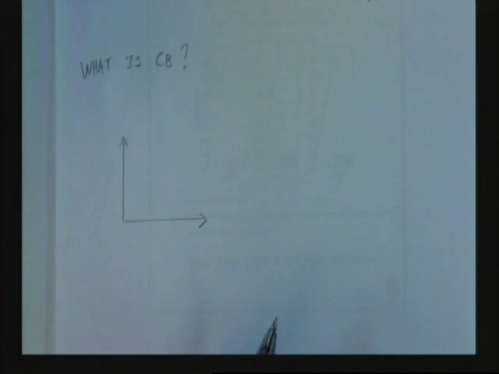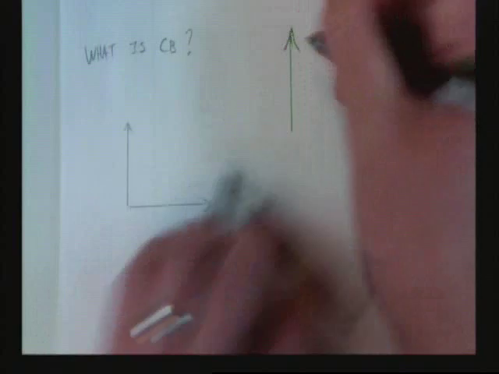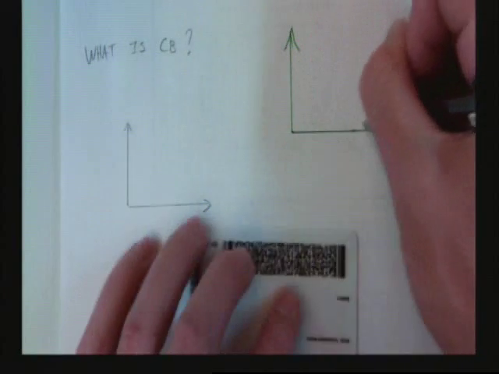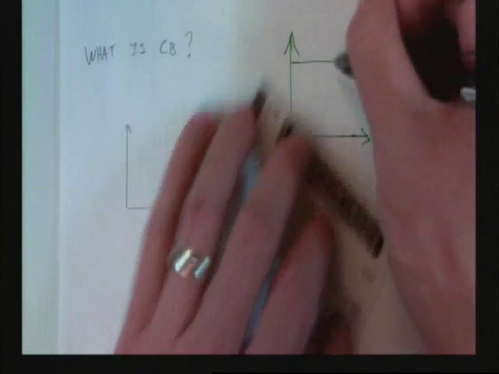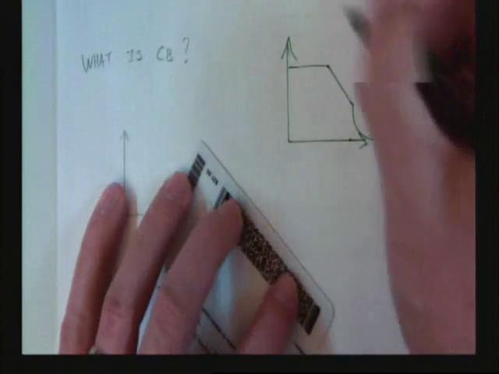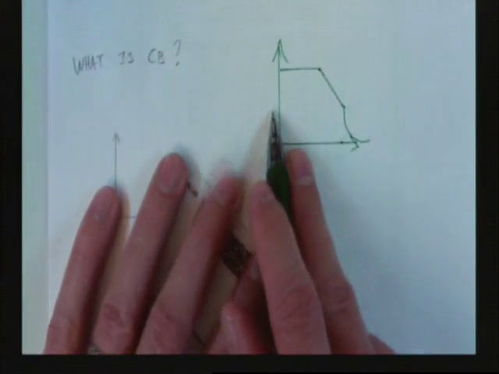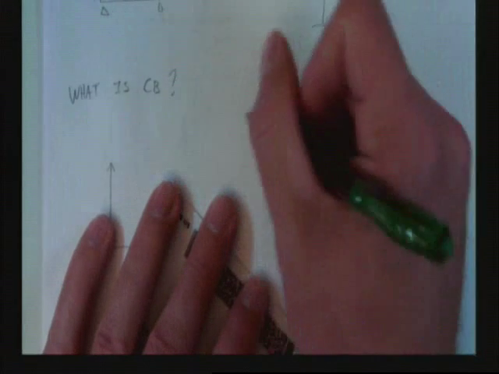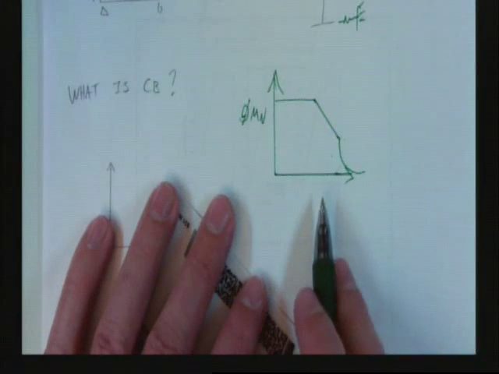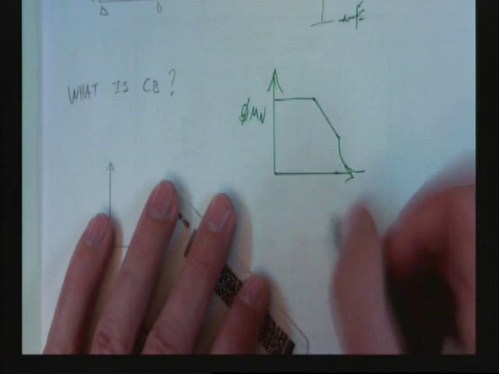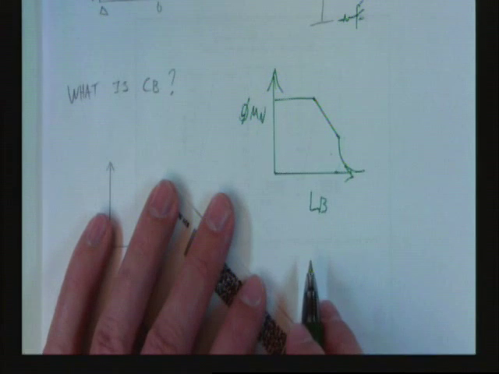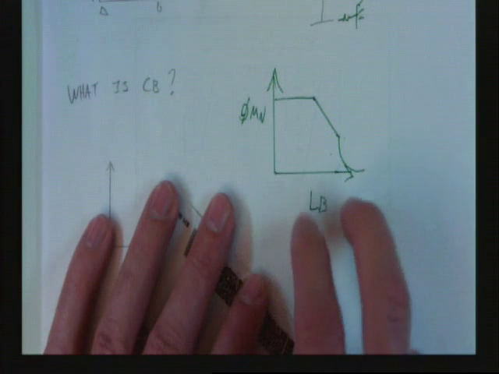Okay. Let's go backwards. What's the label on the y-axis? What's the label on the x-axis? L sub B. At least it is for rolled sections for this first snail chart. Remember, we have introduced two other snail charts, right?